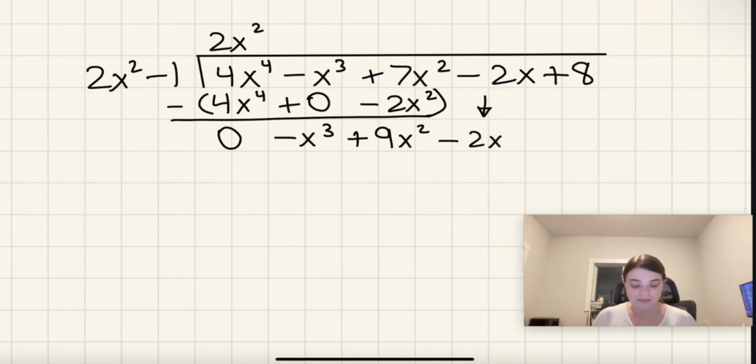Okay, now how many times does 2x squared go into negative x cubed? Well, we know that x squared goes into x cubed x times, right? And we know that to get from 2 to 1, we have to divide by 2. We have to do 1/2.